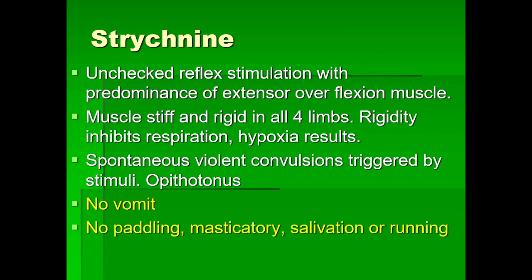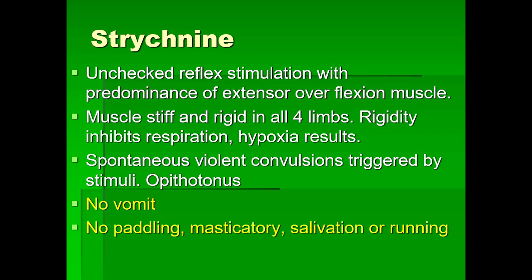What are some of the features of an intoxicated animal? Well, as we mentioned, there is a predominance of extensor muscles over flexor ones, so the dog is going to show stiffness and rigidity in all four limbs. That rigidity also inhibits respiration, resulting in hypoxia and asphyxia.